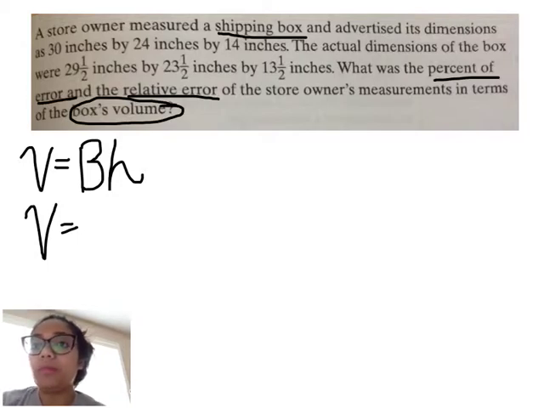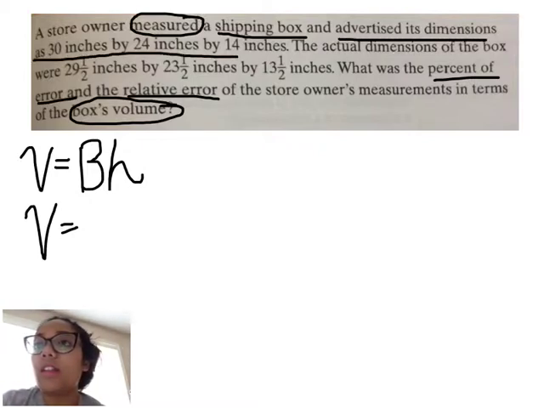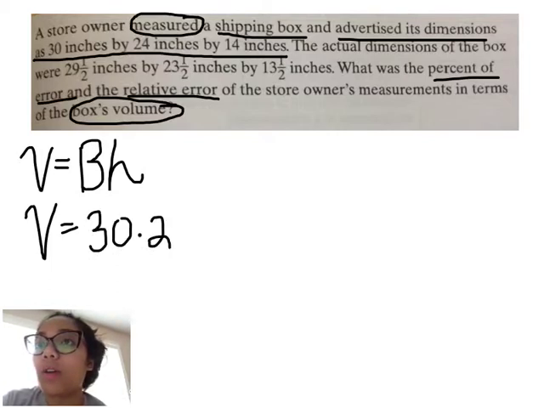Because volume is three-dimensional, so we have a store owner measured. This is the measurement that he got, which means that this is the measured value. So you have to do the volume equals 30 times 24 times 14, and this is the measured value.